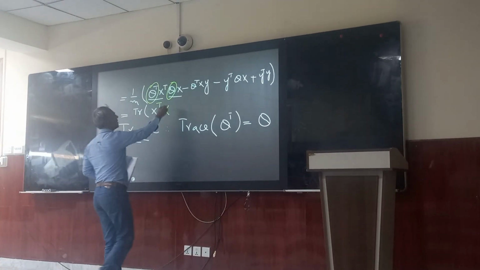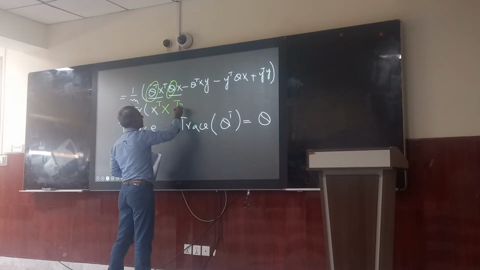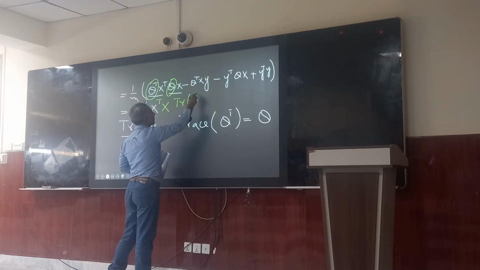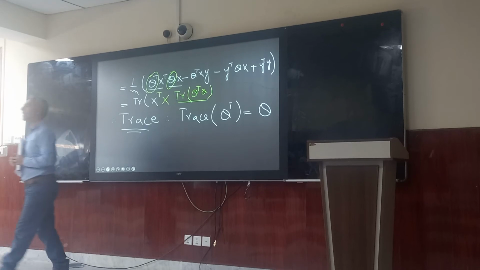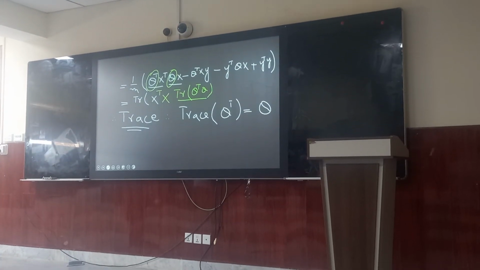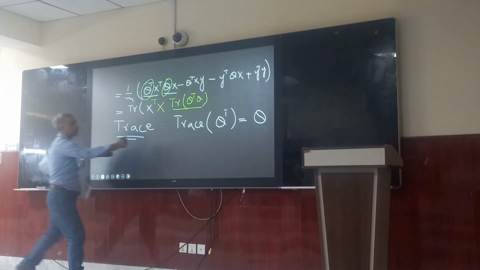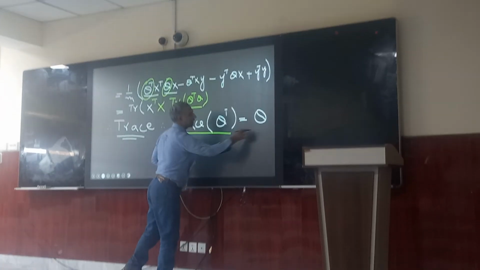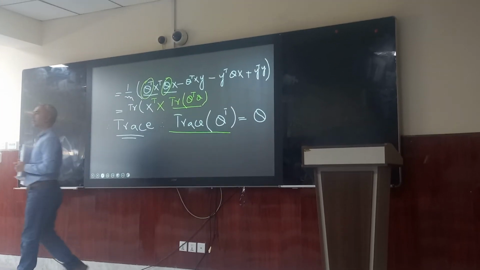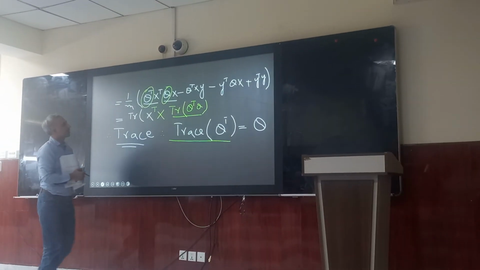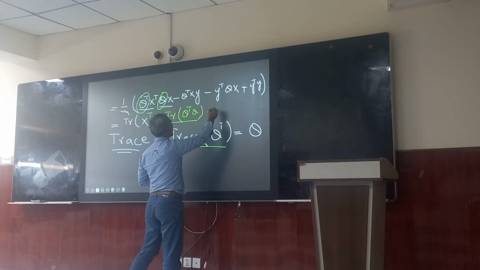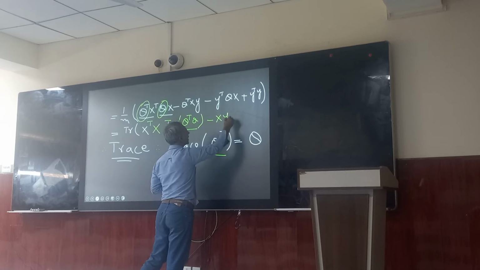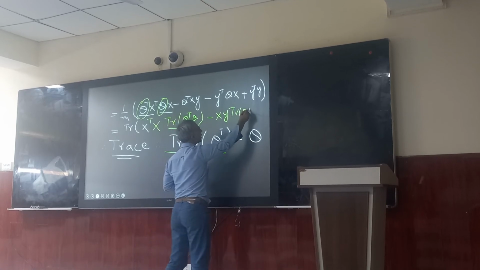So here, of course, you will apply trace, and then it will become a scalar. Weight parameter, scalar. Why? As I told you, the trace of this is like this. Similarly, if you apply it here, then X, Y, you can say the trace of this one.